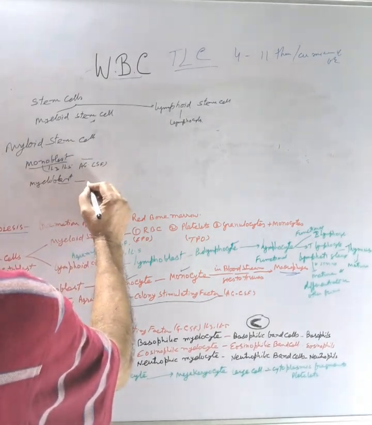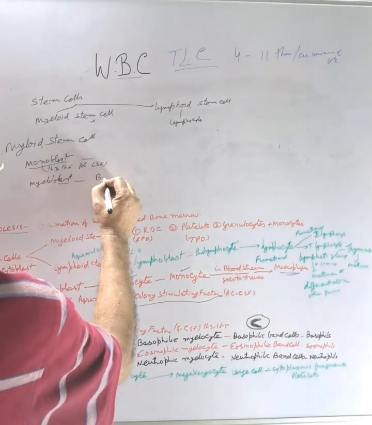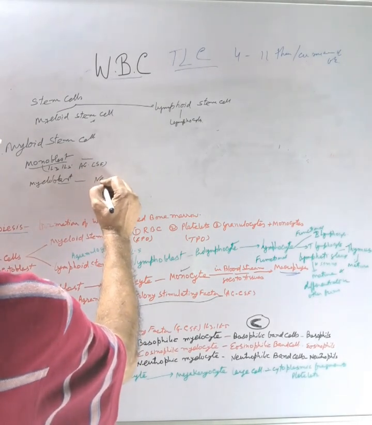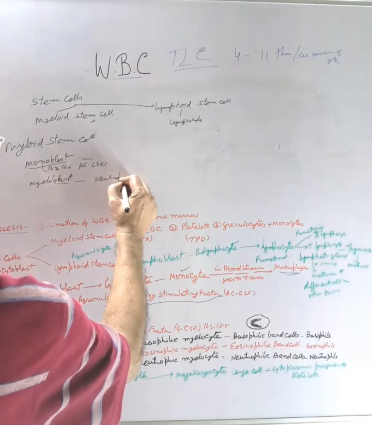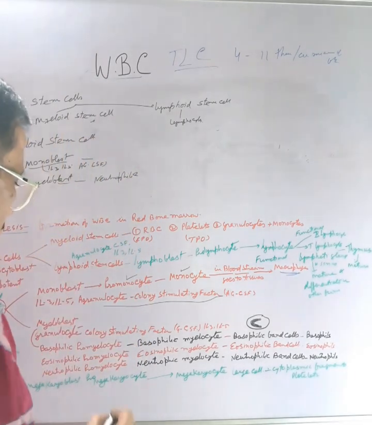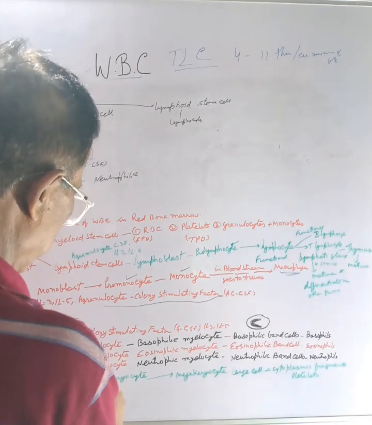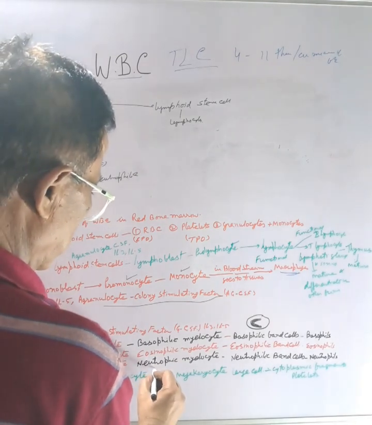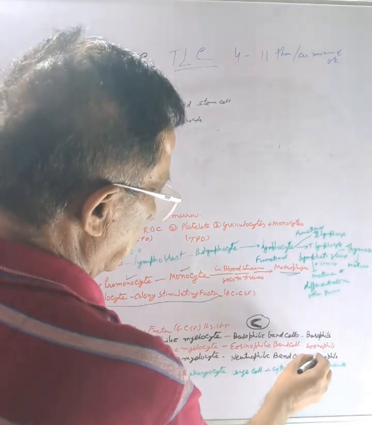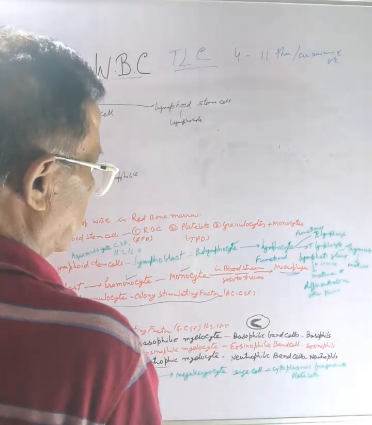It will develop into three things. Say neutrophilic promyelocyte, then neutrophilic myelocyte, then neutrophilic band cell, and finally neutrophils.